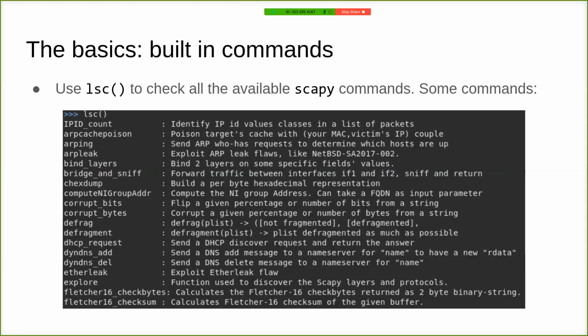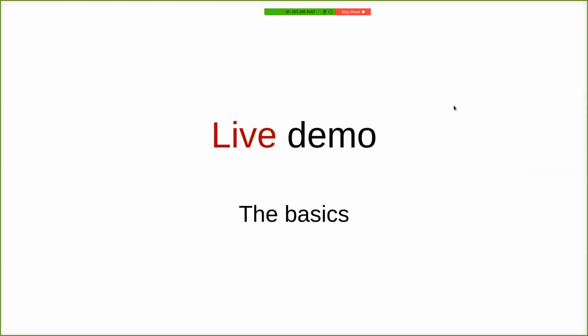You can also check different things. For example, if you want to test DHCP, you can create a DHCP request or dynamic DNS updates. Yep. And now Mark does the live demo.